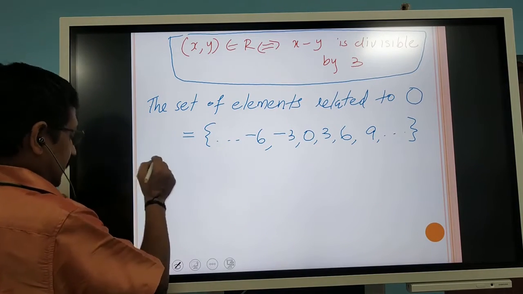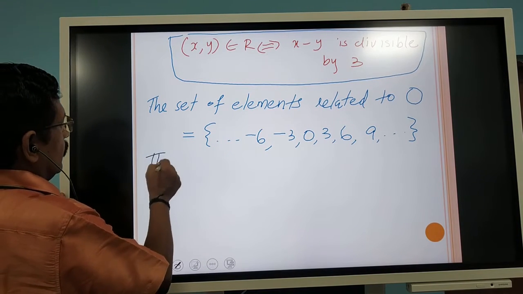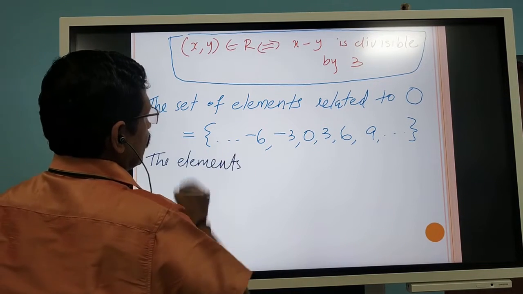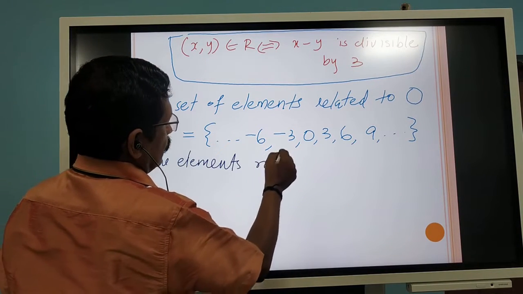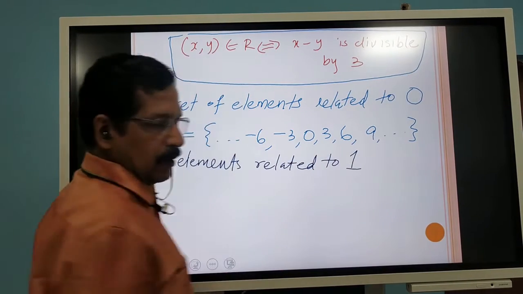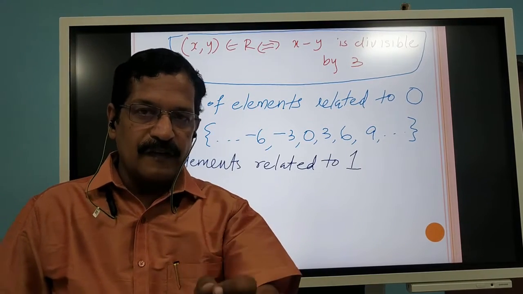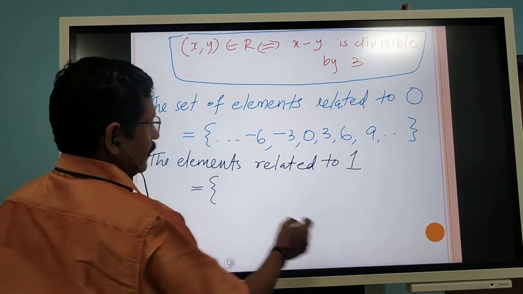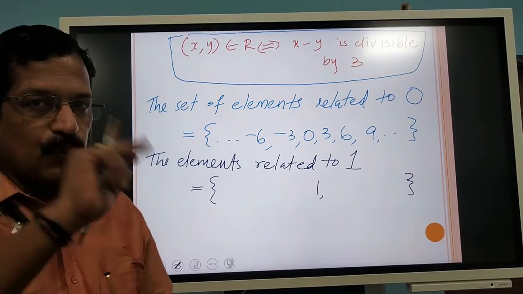Let me find the integers related to 1 under this relation. I am taking 1. Since it is an equivalence relation, it is reflexive. So when I write this set, without any difficulty I can write 1. 1 is related to 1.